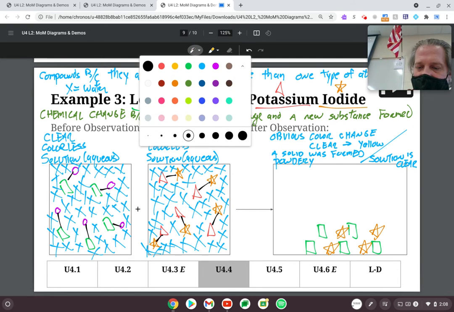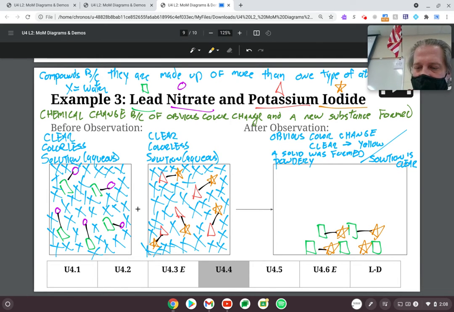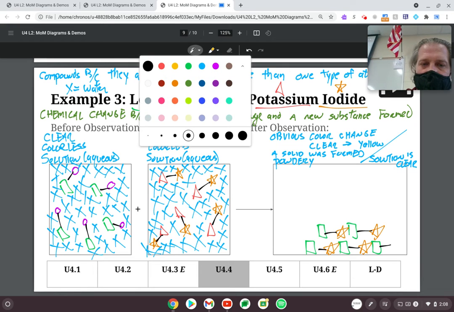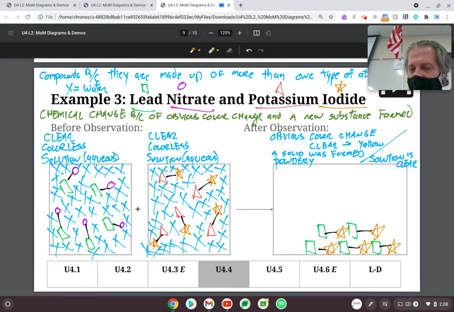And I'm going to link them together. And note that the number of green boxes, the lead, and the number of orange stars, the iodide, are the same on both sides of the arrow. I'm going to also make note that the triangles and the purple circles are now represented, but they're in that solution.